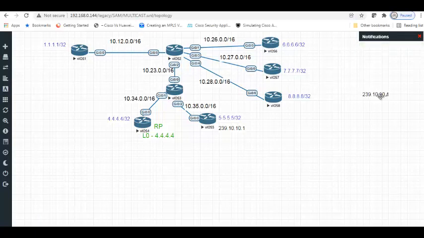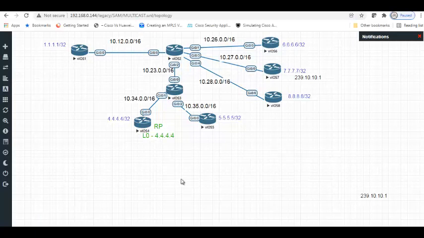Say for example, I'm configuring this on R7. On R5 I have not configured, assume. On R7 I'm going to configure. Before configuring, the RP will not know about the source nor the group member. But as soon as you put this IGMP group somewhere, R4, this RP, will know it.